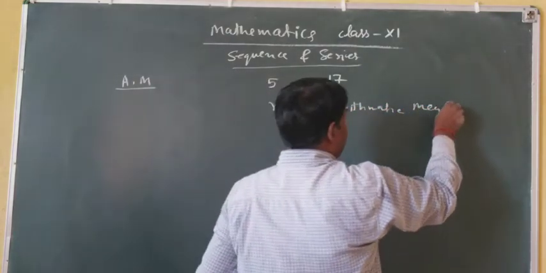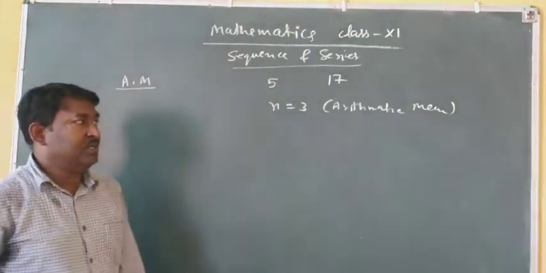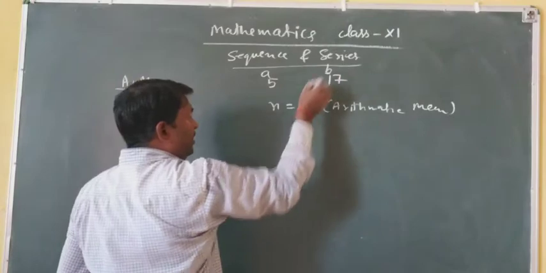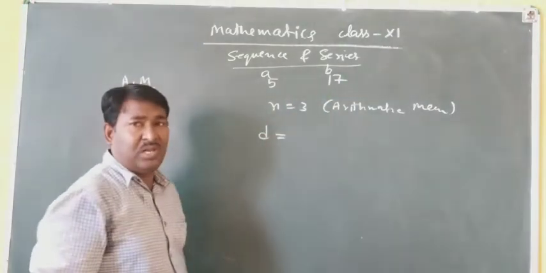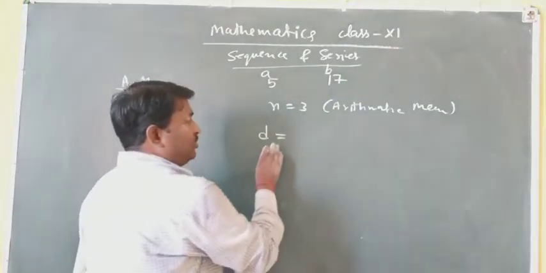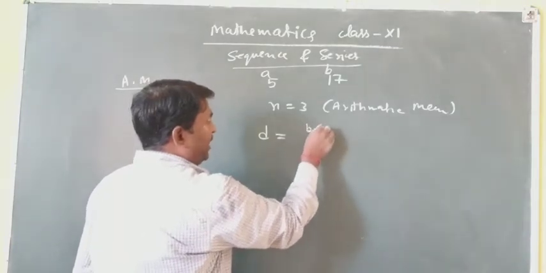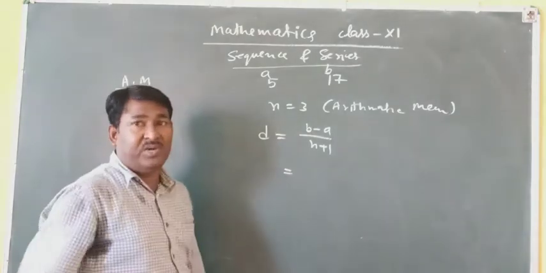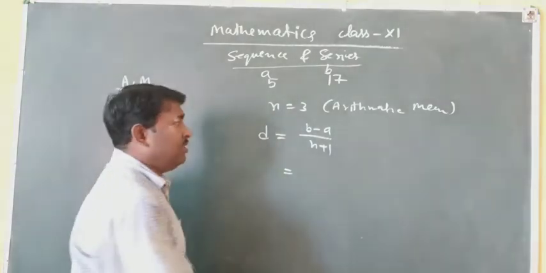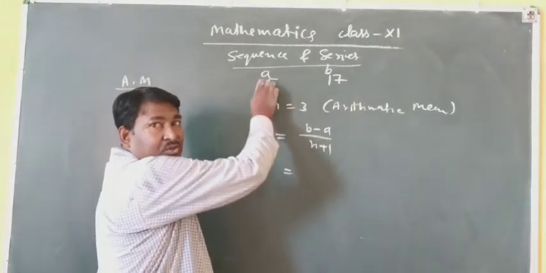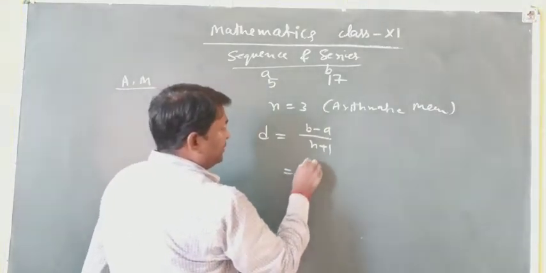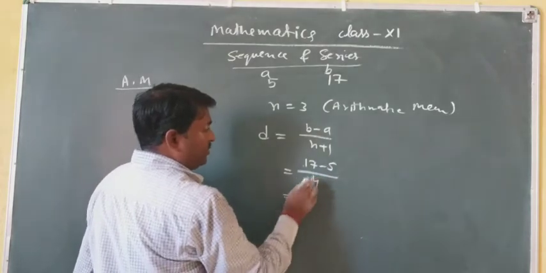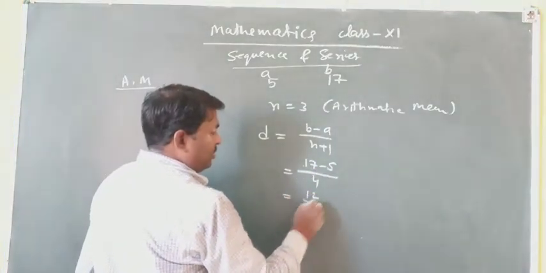Then this is a, this is b. I have already explained, first you calculate the common difference by using the formula (b minus a) upon n plus 1. n is the total number of arithmetic means that you want to insert, b is the last number, a is your first number. So 17 minus 5 divided by 3 plus 1, which is 4. This implies 12 by 4 is equal to 3.